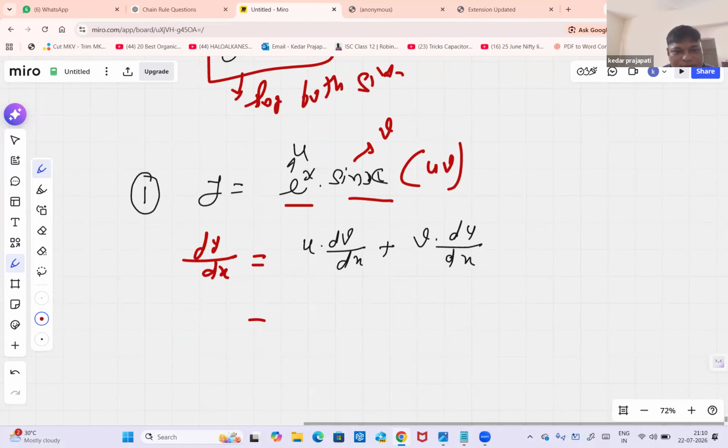Now tell what will happen. We will get e to power x first, common. Then d by dx of V, that means sin x.